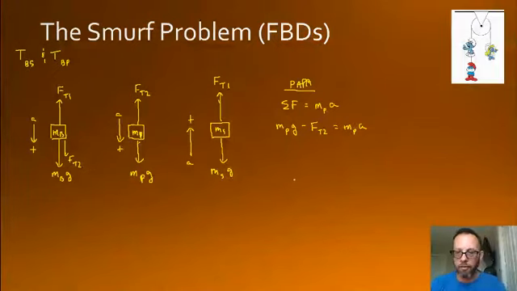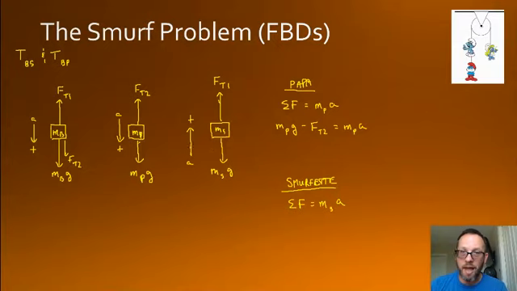And let's look at Smurfette as well. I'm going to leave a bit of space. So for Smurfette, we have the sum of forces equals mass of Smurfette times a. And for Smurfette, we have up being positive, so we'll have FT1 in the positive direction.